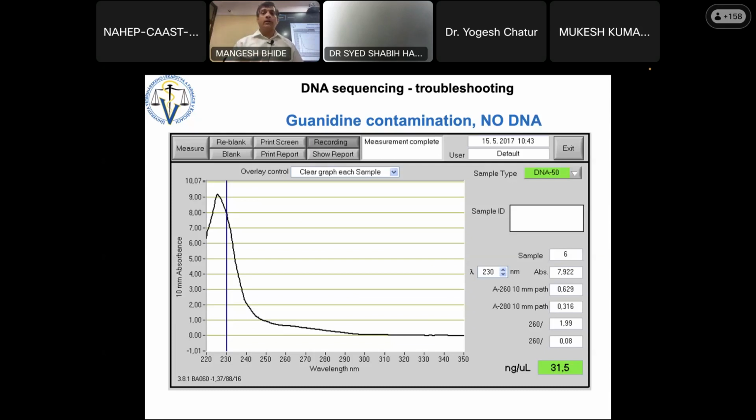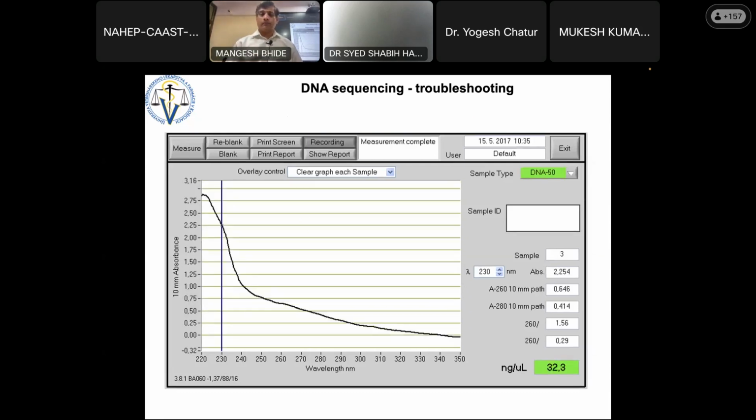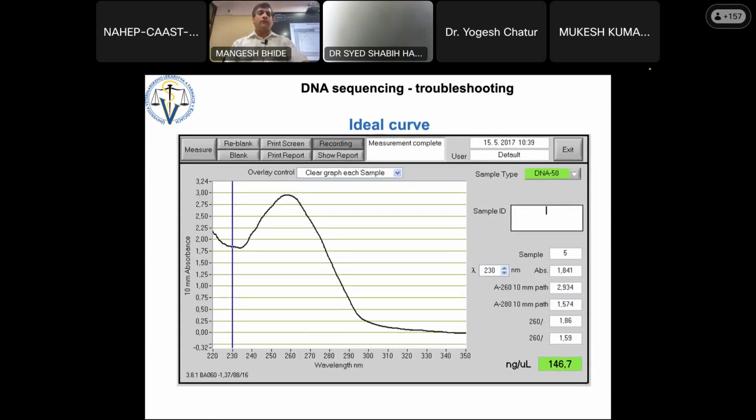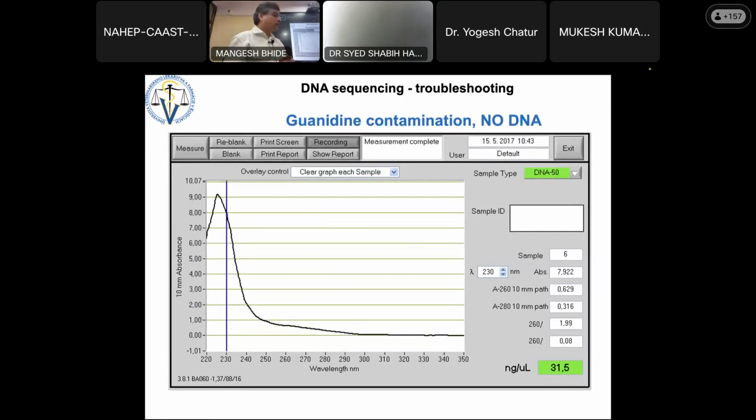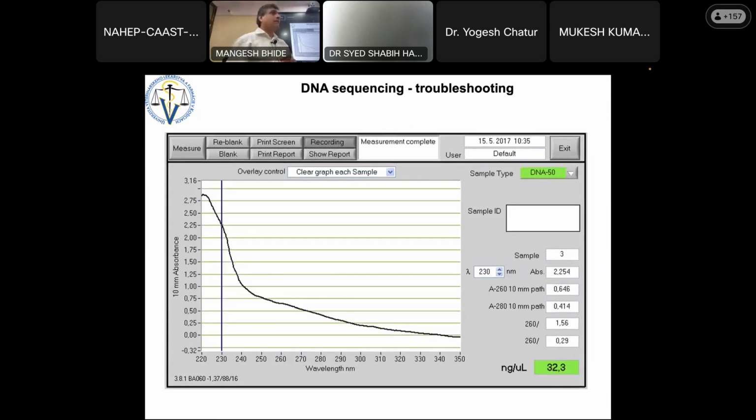guanidine contamination or no DNA at all. Okay, so mainly there is guanidine contamination. Okay, so then there is another, you can see here 1.5 only. So you can compare this graph versus this graph.